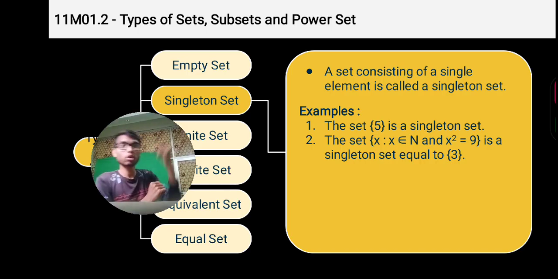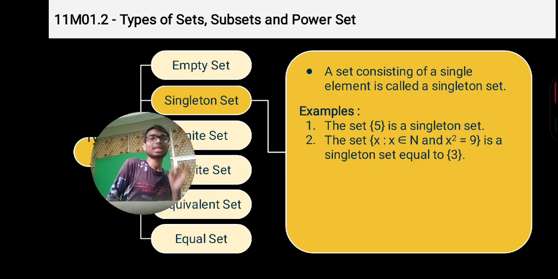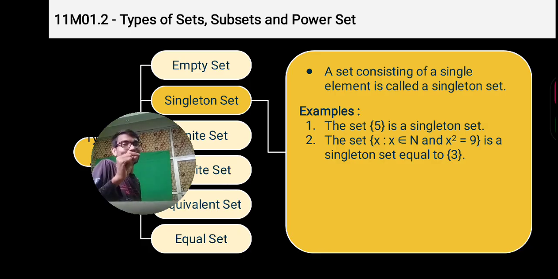Here 3 raised to power 2 will be equal to 9. So 3 is an element. All the elements will be considered as x. Now here 3 is the only element in this. Clear? So this type of set will be a singleton set.